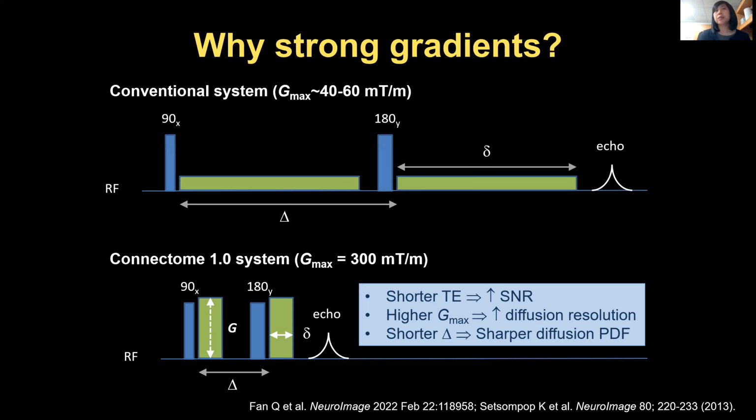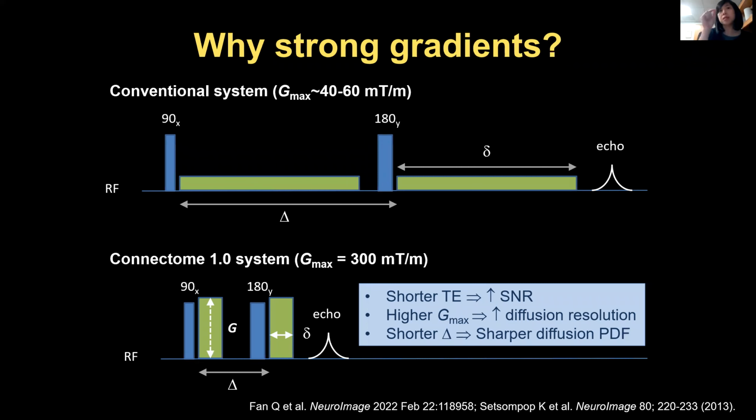But there are other benefits to having strong gradients. The larger gradient amplitudes also enable stronger diffusion encoding, meaning larger diffusion encoding gradient areas using these much higher amplitudes, and this can be achieved in practical times. You can think of the Gmax as being related to the diffusion resolution. The higher the maximum gradient strength, the better the resolution of our diffusion measurements.